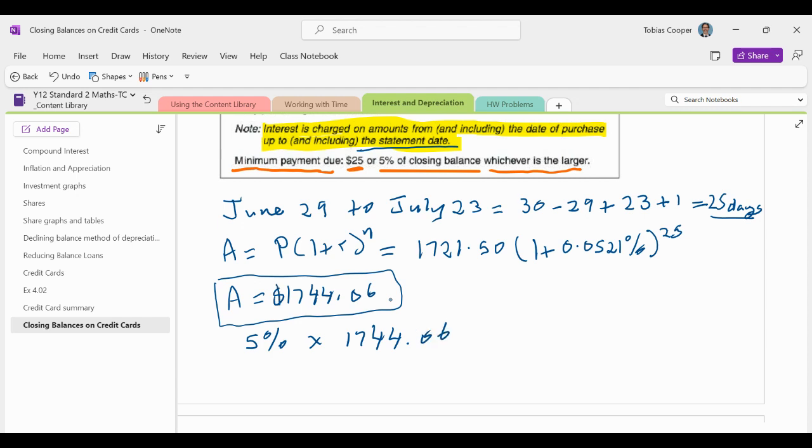A little dollar sign there, and let's put that in. Times 5%, you should get $87.20.